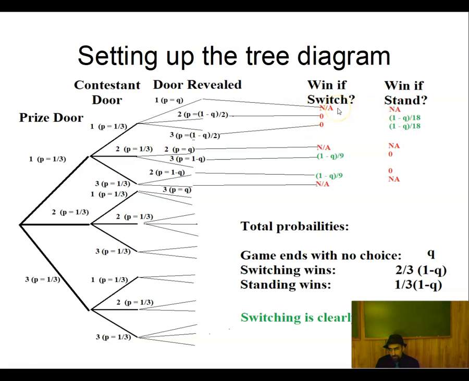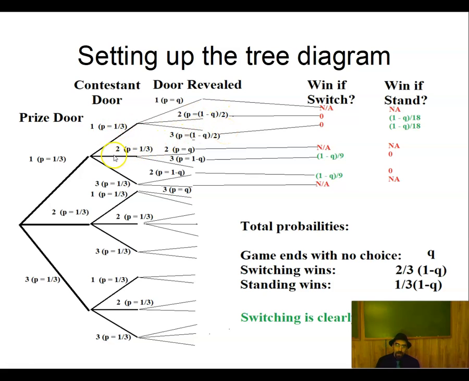It doesn't count towards anything. Whereas, in the other 2 cases, you don't win if you switch, but you do win if you stand. And those will have probability (1 minus Q) over 18, right? 1/3 times 1/3 times (1 minus Q) over 2.